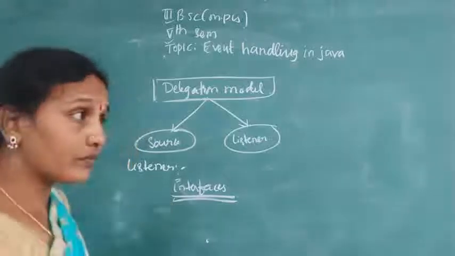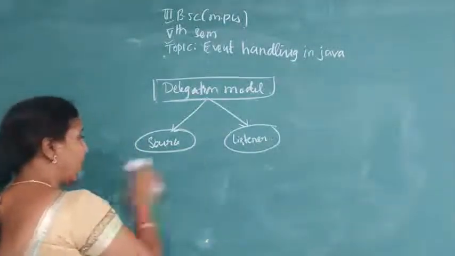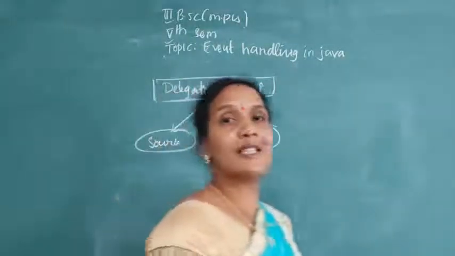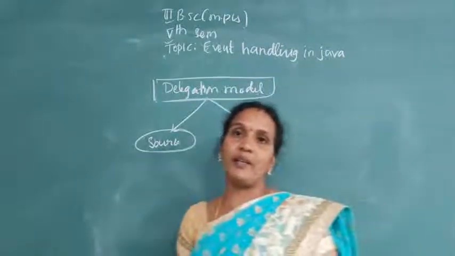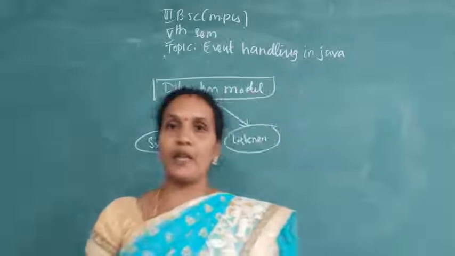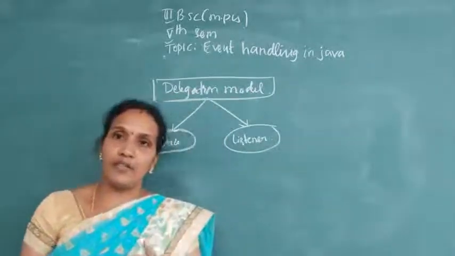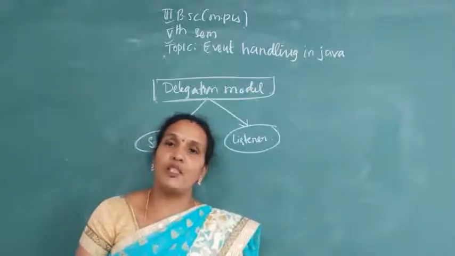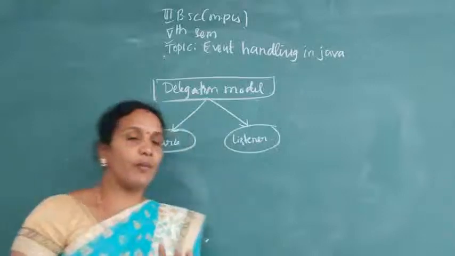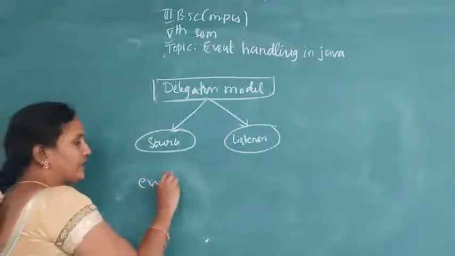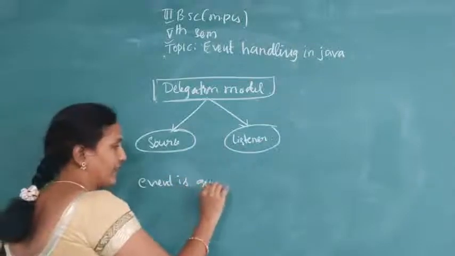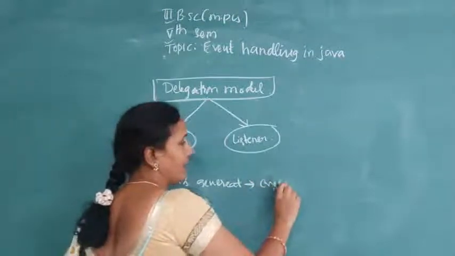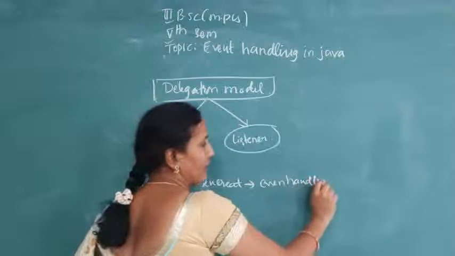Understood? So in order to handle the event properly, the source must be registered with the listener, because whenever an event is generated, the appropriate event handler is called.